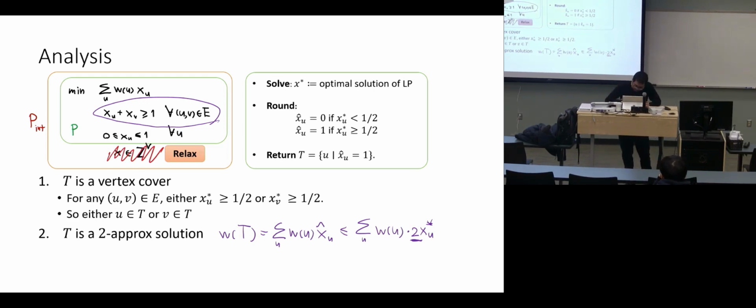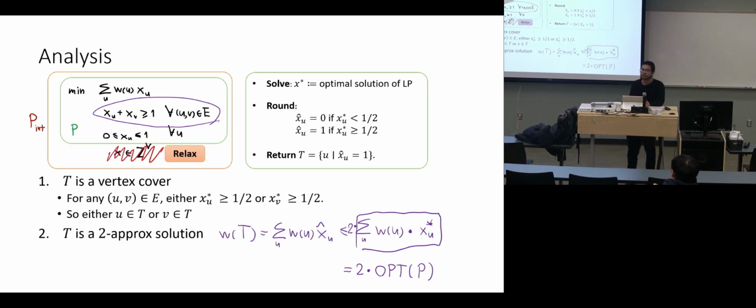And so maybe let me write it down like this. This is 2 times this thing. But what is this thing? This is just 2 times the optimal solution of the LP. x star is the optimal solution of the LP. And now, this must be at most the optimal solution of the IP. Right?